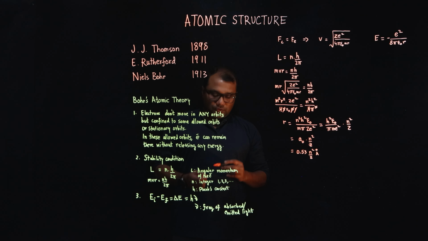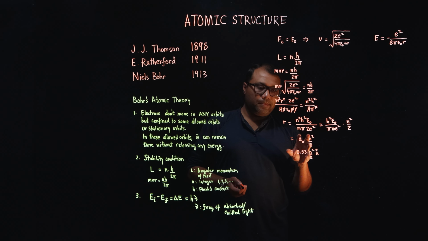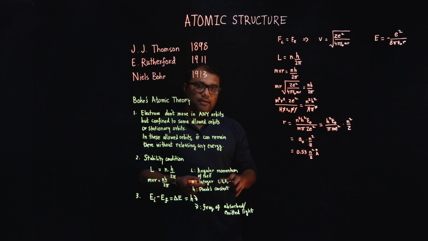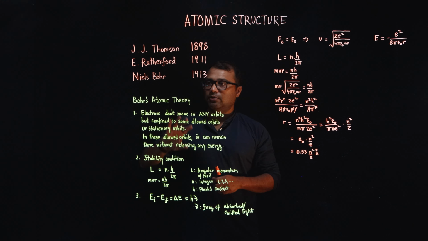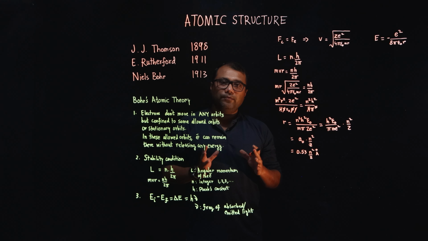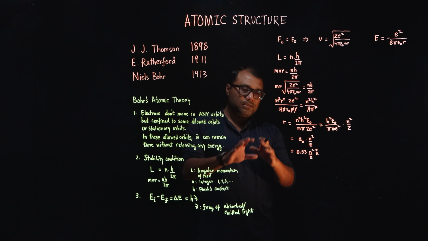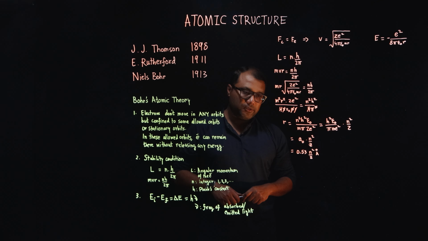This is only applicable for a 1 electron system, because Bohr's theory really worked well for hydrogen and helium ions.